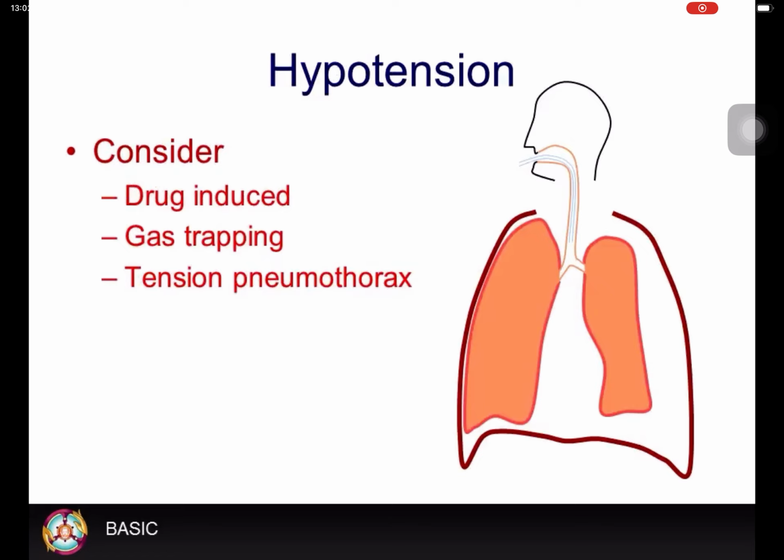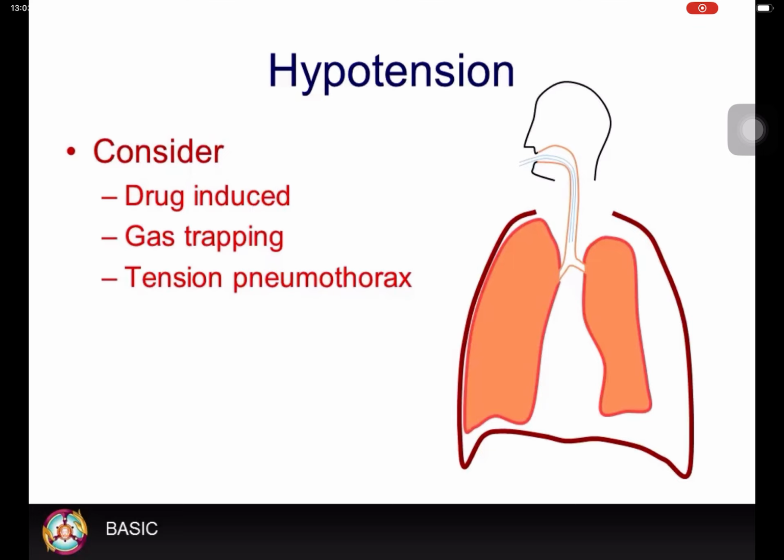If the patient becomes hypotensive shortly after intubation and ventilation, the most likely causes are drug-induced hypotension due to the vasodilating properties of anesthetic induction agents, gas trapping due to overenthusiastic ventilation, and tension pneumothorax. Drug-induced hypotension usually responds to fluid load.